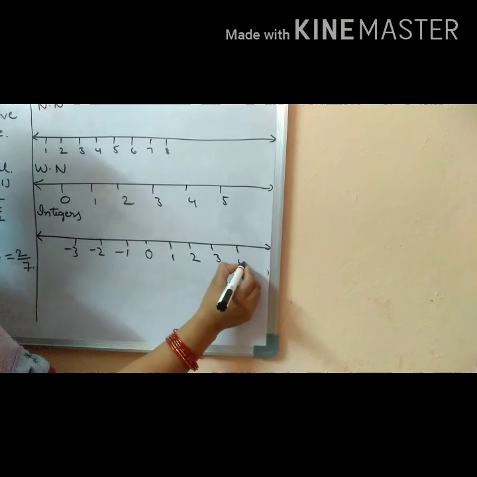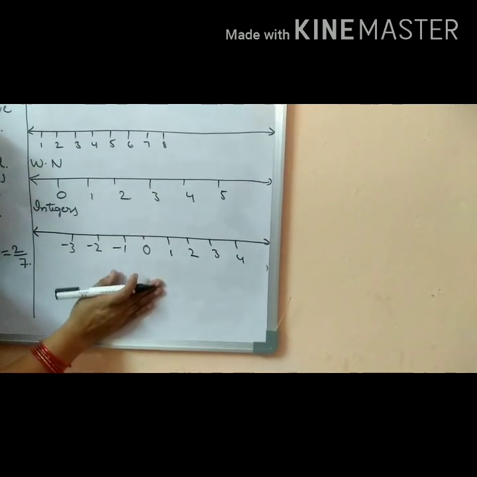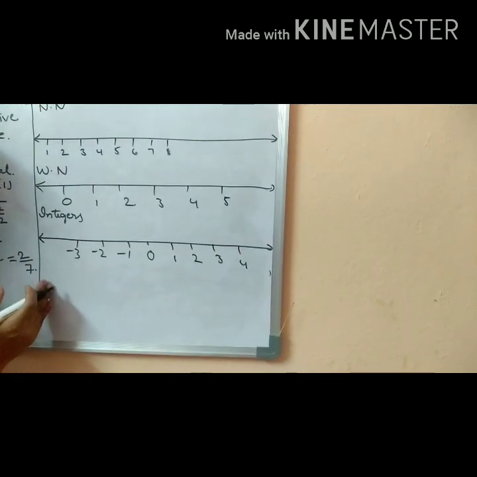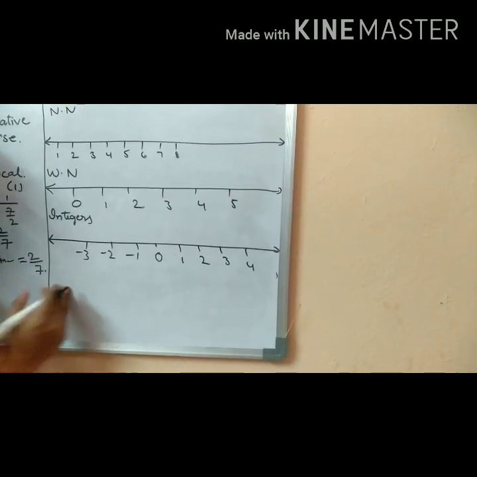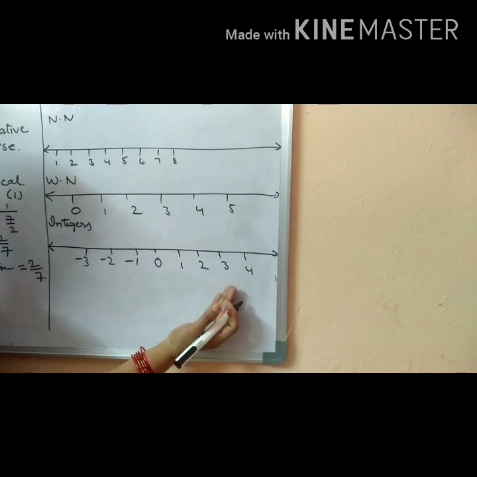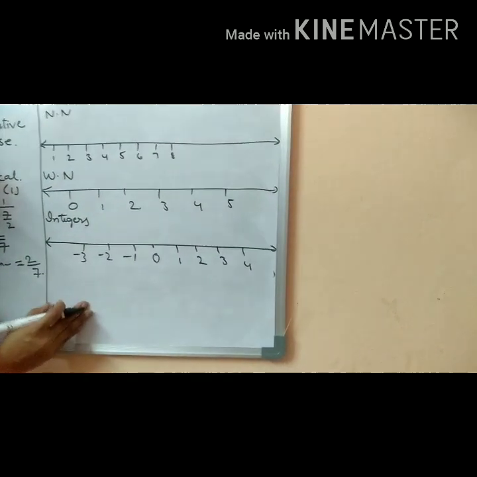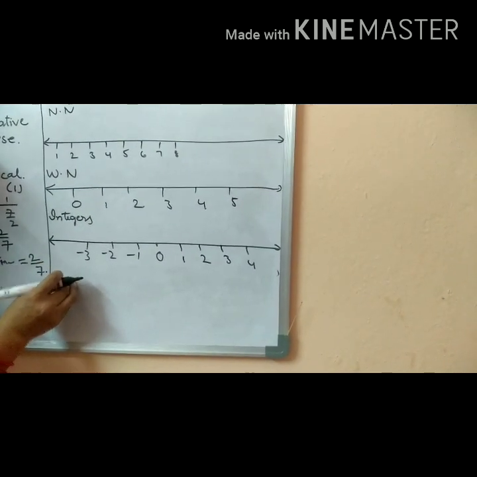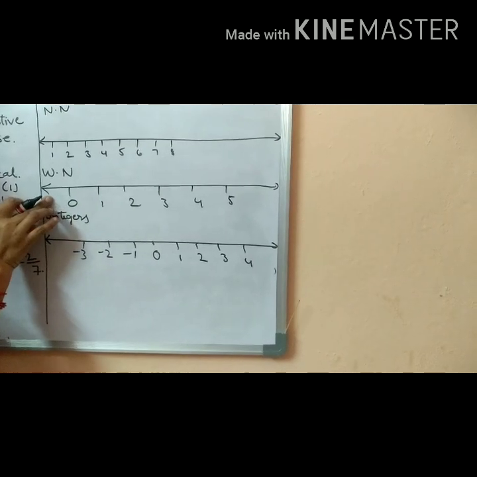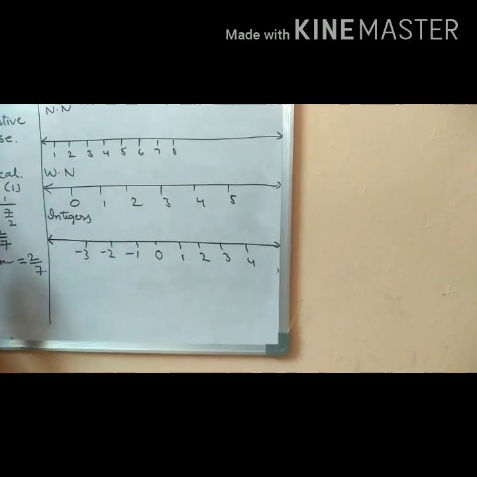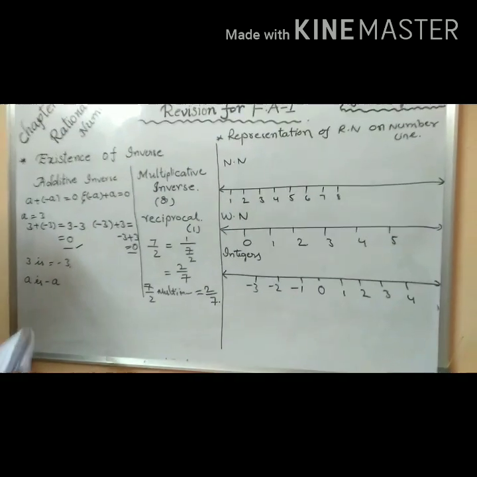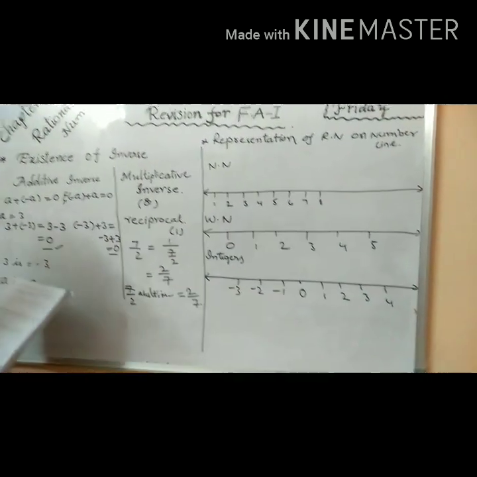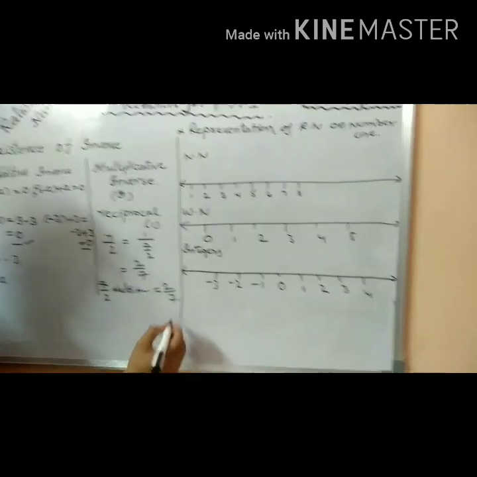Left of 0 are the negative numbers, right of 0 are the positive numbers. It is the number line of integers. It is a number line of whole numbers, and it is a number line of natural numbers. Did you understand, children?